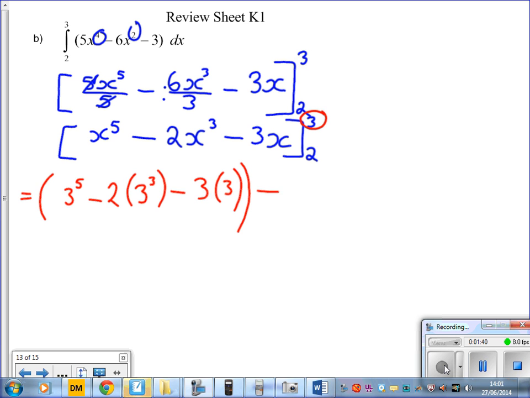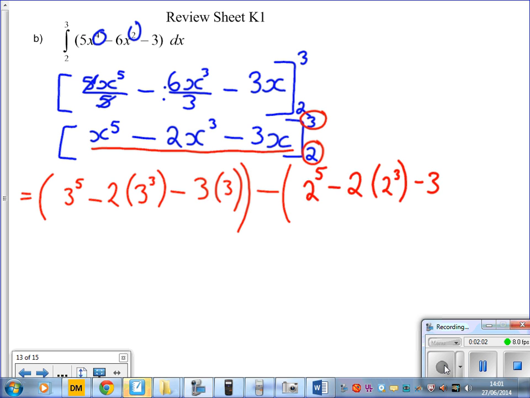Then got a minus sign here, and now I'm going to substitute in this value 2. First into here, then here, and then minus 3x. So to start with then, 2 to the power of 5, take away 2 times 2 cubed, take away 3 times 2.